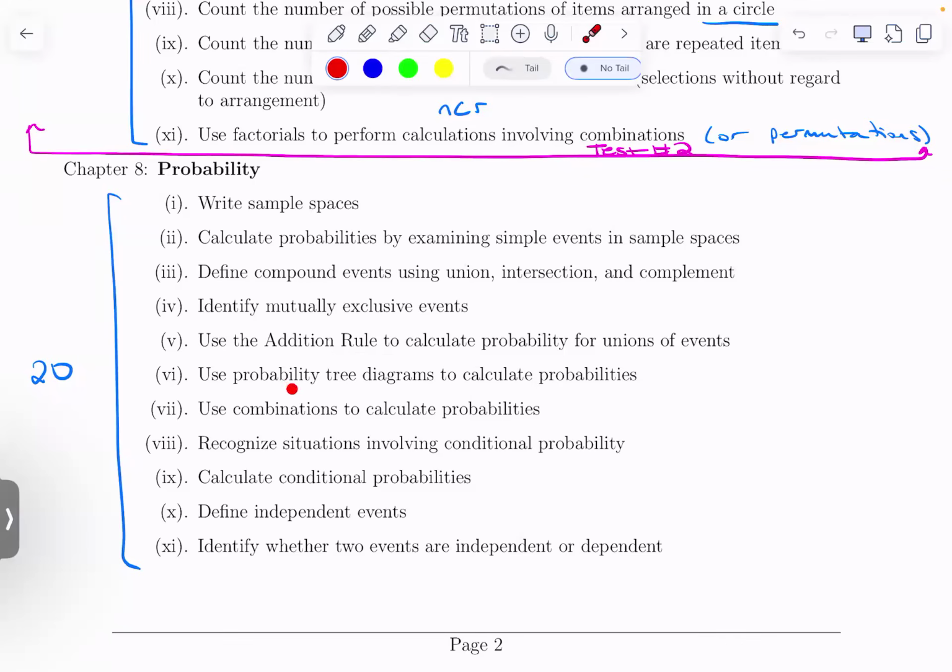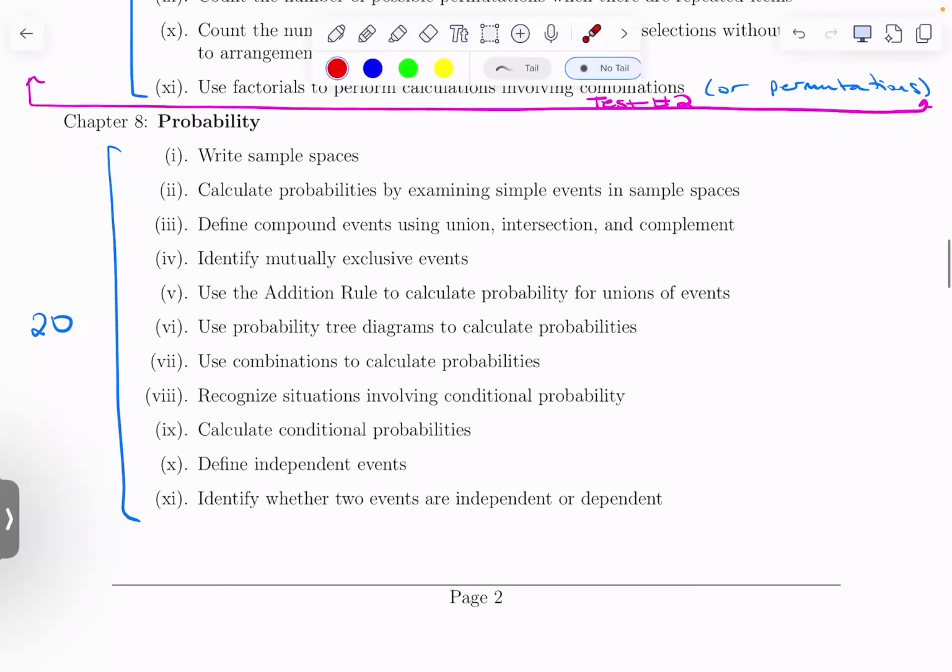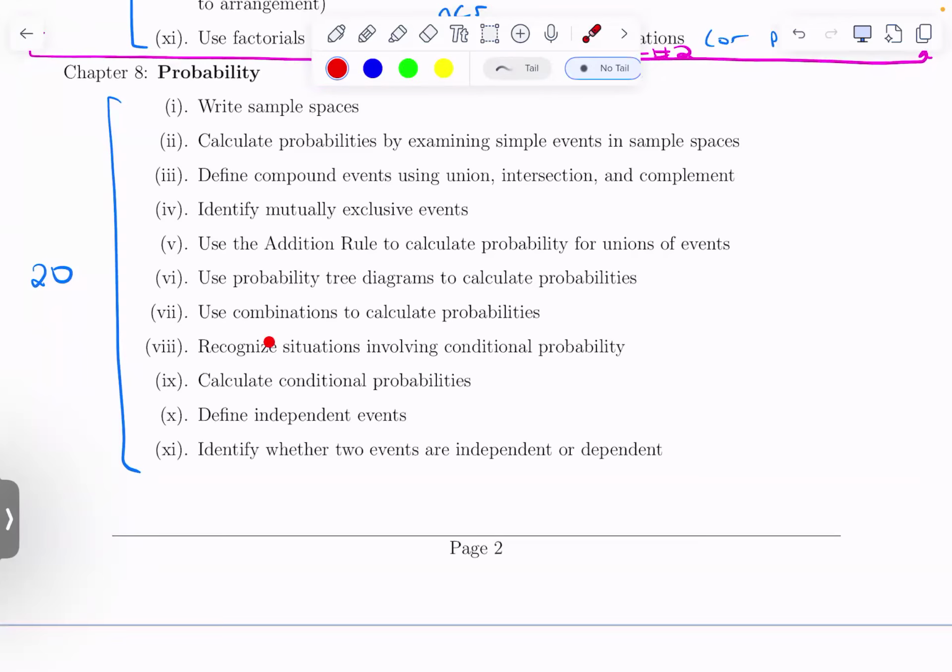Tree diagrams to calculate probabilities. And we've got a practice one for today. Use combinations to calculate probabilities. Conditional probabilities, right? If you are given some information, you know that you have drawn 2 kings out of a deck of cards, and I promise no card problems.